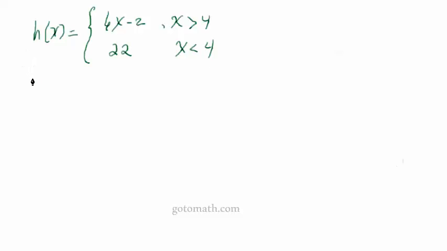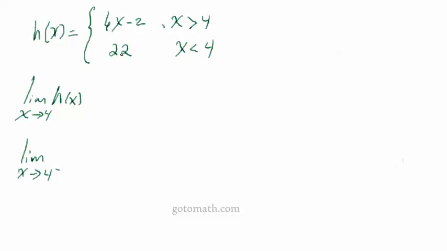Okay, we want to find the limit as x approaches 4 of h of x. What does this mean? This means that we want to find the limit as x approaches 4 from the left of h of x. Now that's going to end up being this.